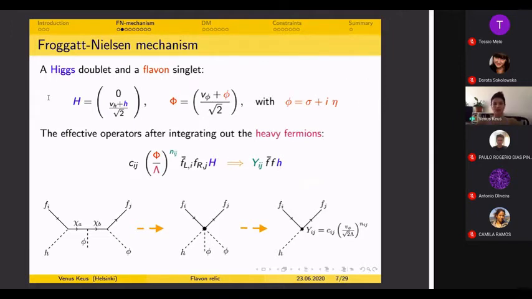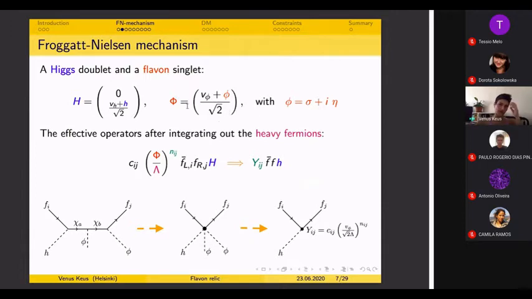As I mentioned, the Froggatt-Nielsen mechanism predicts these extra particles beyond the standard model. At low energy, the particle content of the Froggatt-Nielsen is basically just one extra scalar on top of what the standard model has. In the scalar sector, you have the standard model Higgs doublet and this singlet, the scalar singlet, the flavon.